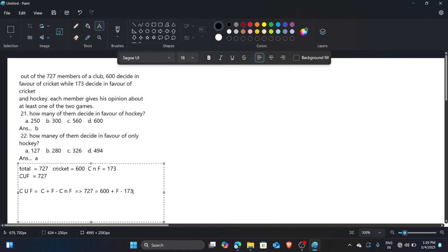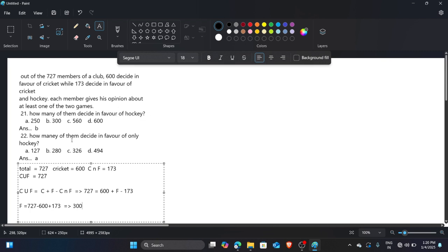We have to keep H on one side and change the sides of everything. So 727 minus 600 plus 173, because 173 moves to the other side, so it becomes plus. 727 minus 600 is 127, plus 173. So the answer is 300, I confirm. So 300 students decided in favor of hockey.